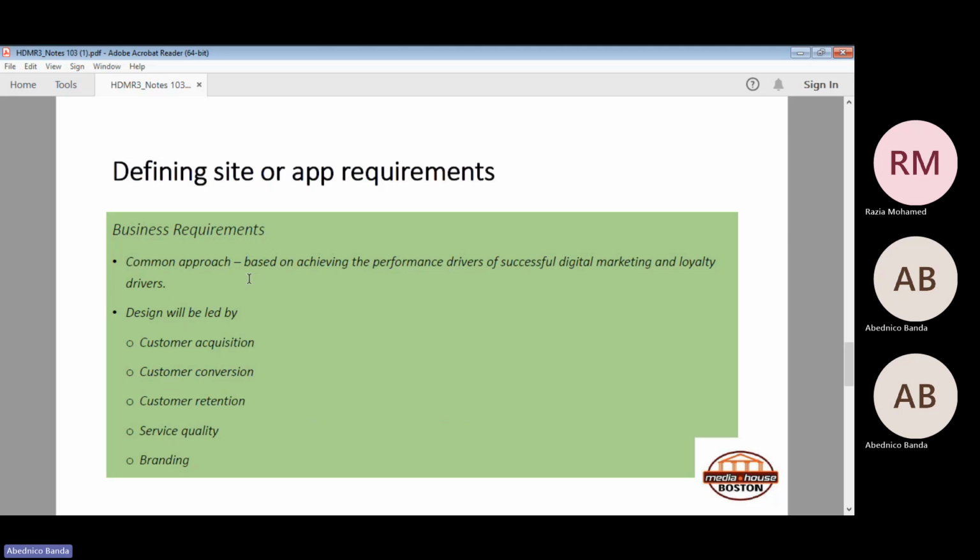Then even those that have converted also need to come back for more, which is customer retention. So you need repeat purchases for customer retention to happen. And in order for customer retention to happen, you need some sort of service quality. How can they come back if the navigation on your site is poor? How can they come back if the customer service is poor?